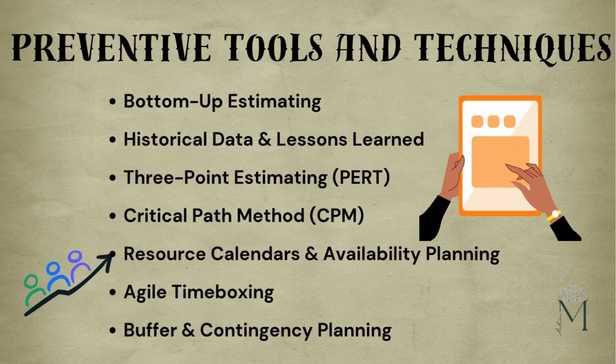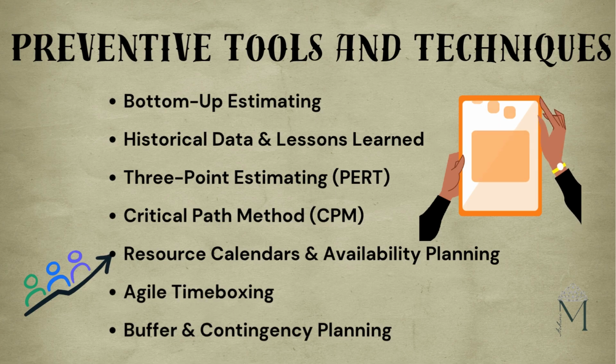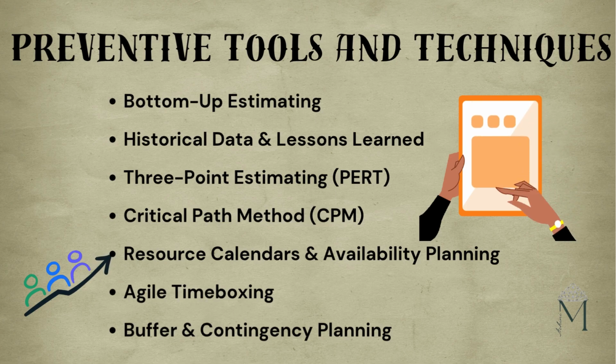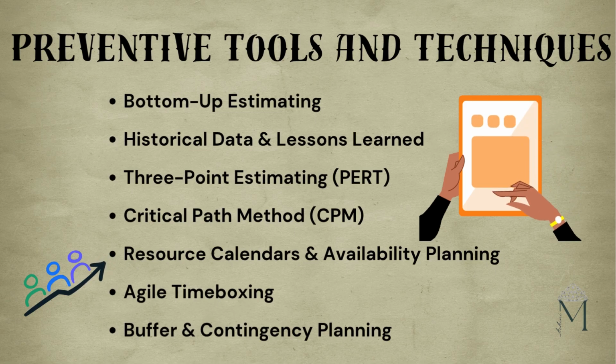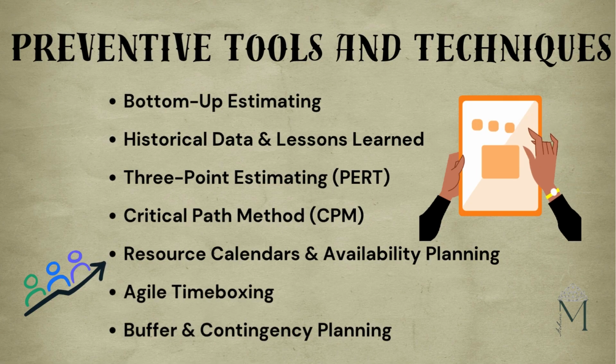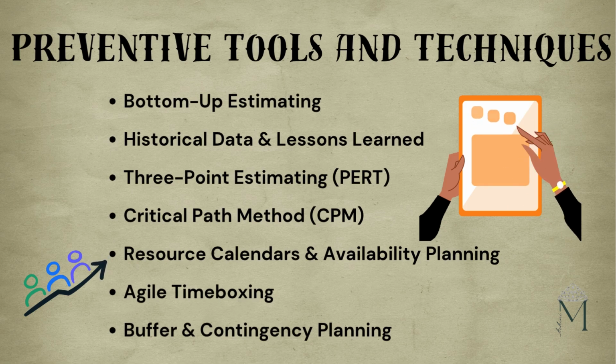This way, deadlines are grounded in reality, not assumptions. You can use tools such as Microsoft Project, Excel, task estimators, work breakdown structure based on effort estimation templates, ClickUp time estimation features, etc.